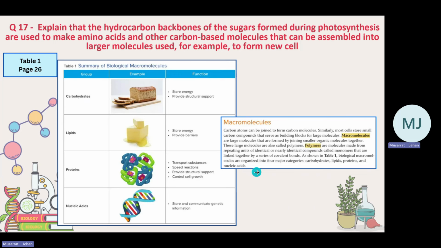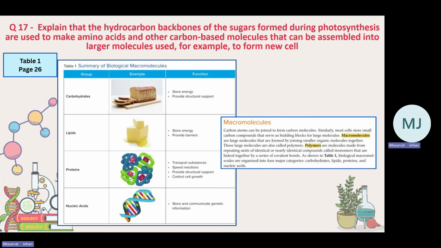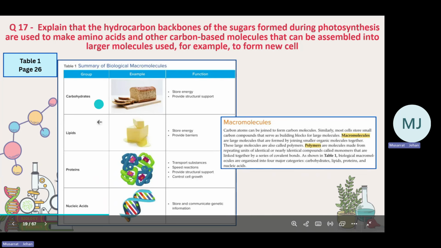Biological macromolecules are organized into 4 categories. We also call them the building blocks of living things. They are carbohydrates, lipids, proteins, and nucleic acids.